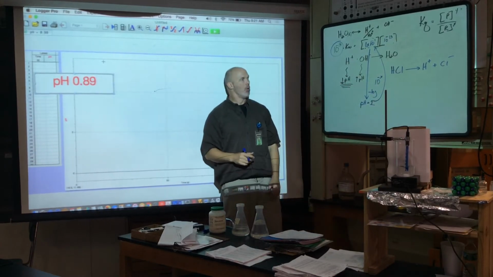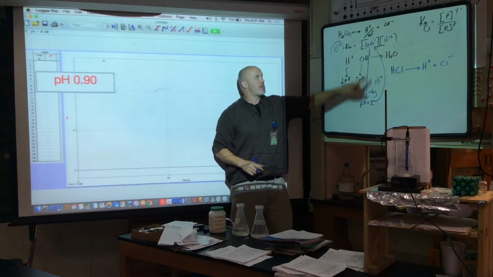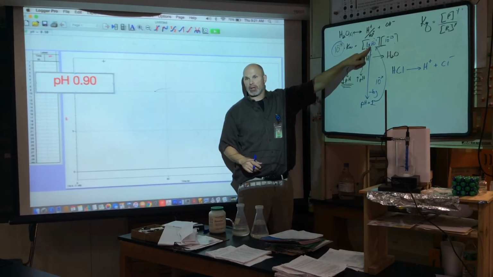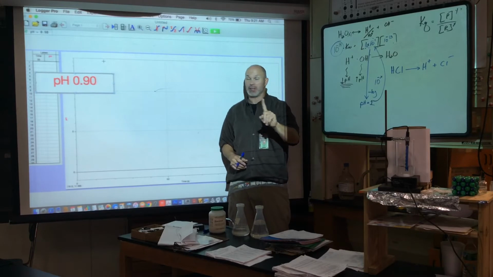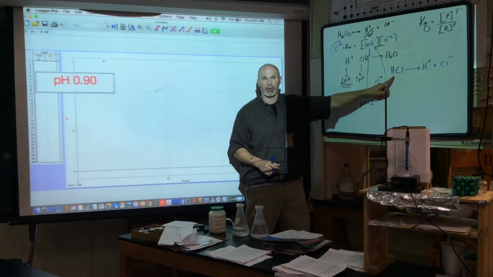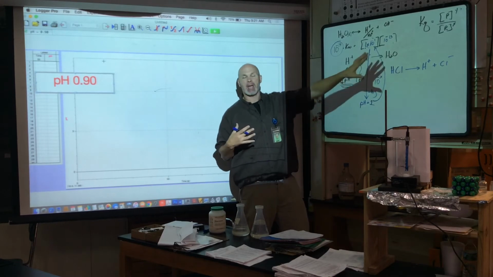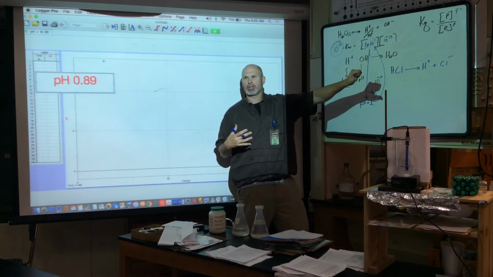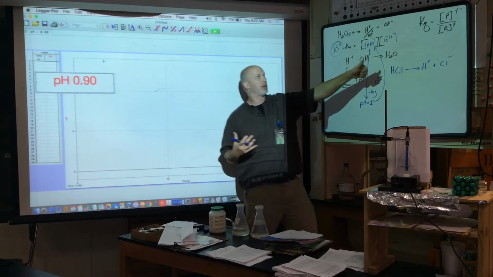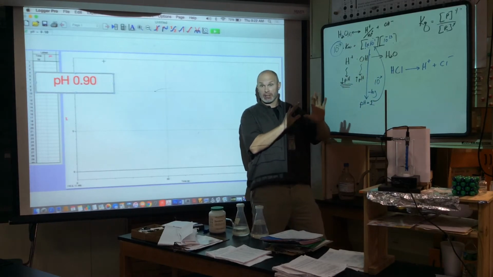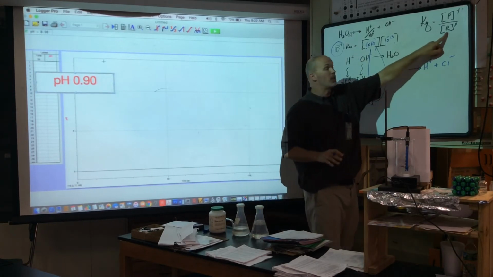Cool. Now, how do I make a 0.1 molar concentration of H pluses? Well, if I'm dealing with a strong acid, hey, it is a strong acid, but we learn strong acids completely dissociate. Their Kas start approaching infinity or undefined. Meaning, if HCl completely dissociates, there's going to be no reactants.